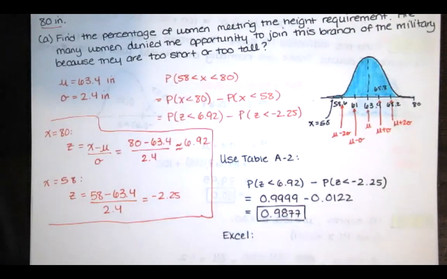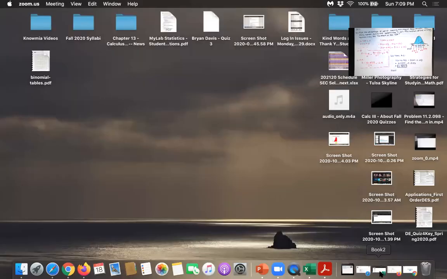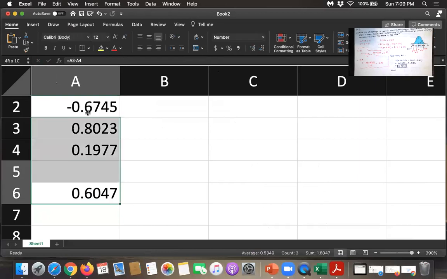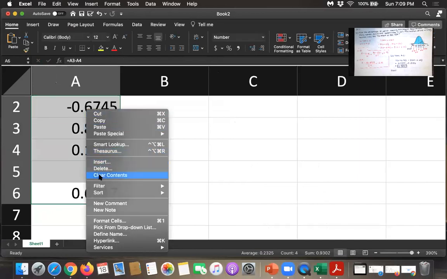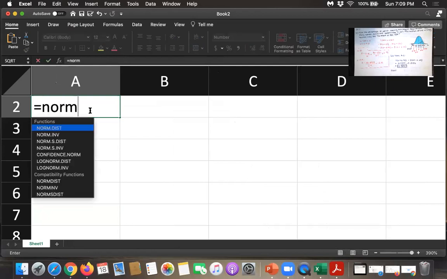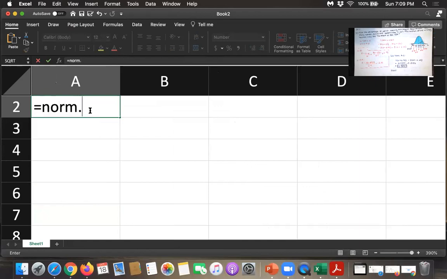That first probability, the probability that Z is less than 6.92, can be found this way. I'll clear these out. So we have NORM.DIST, open parentheses.